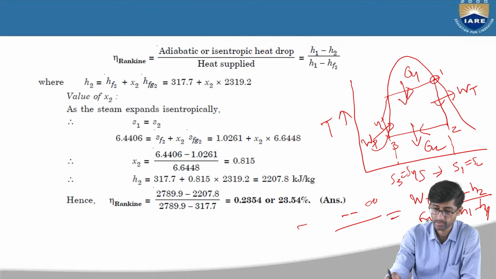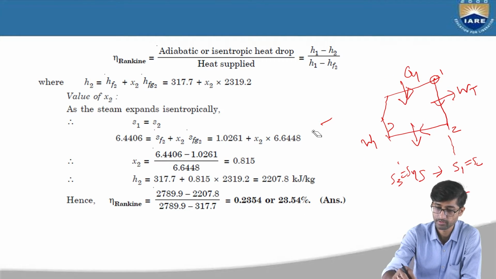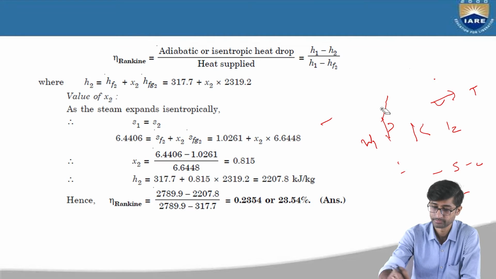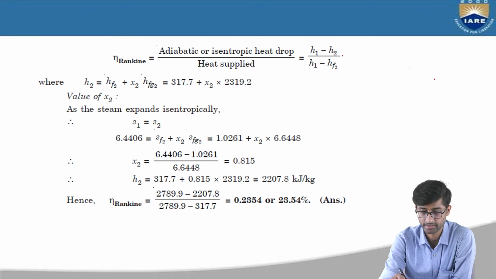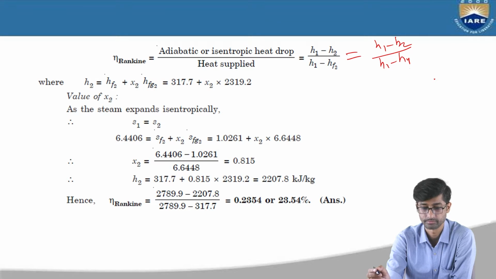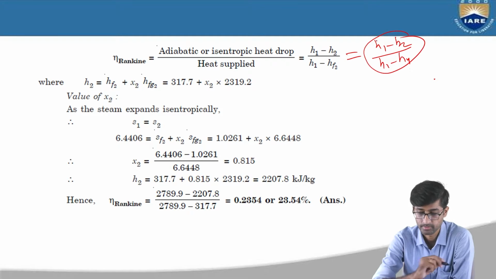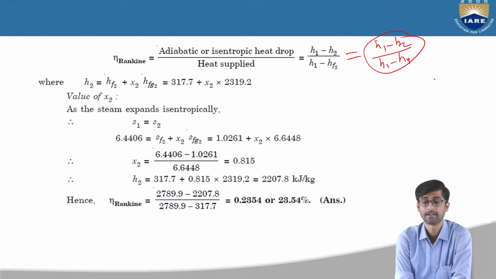Now we'll see what is the value of H1, H2 and H4. If you calculate H1, H2, H3 and H4, your problem will be solved. So this is the efficiency of Rankine cycle. This is H1 minus H2 by H1 minus H4. This is the efficiency of Rankine cycle, right?